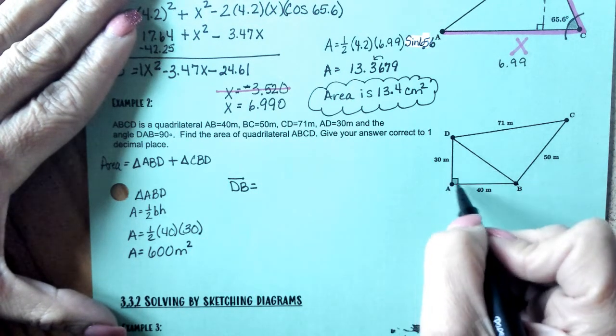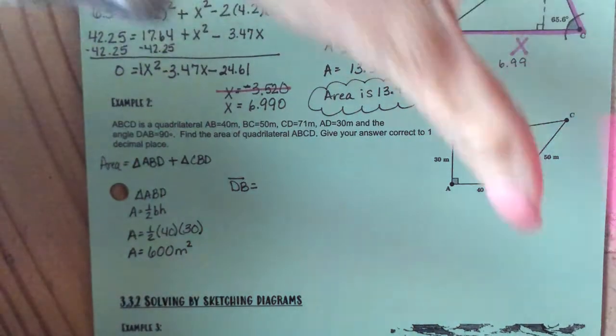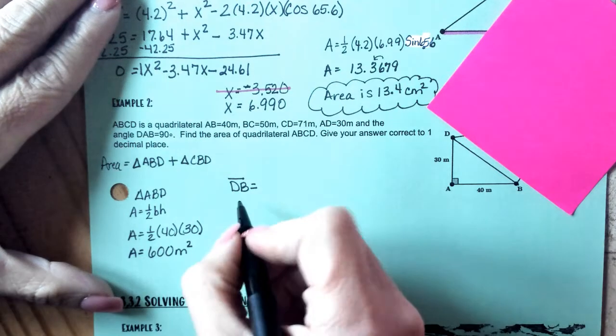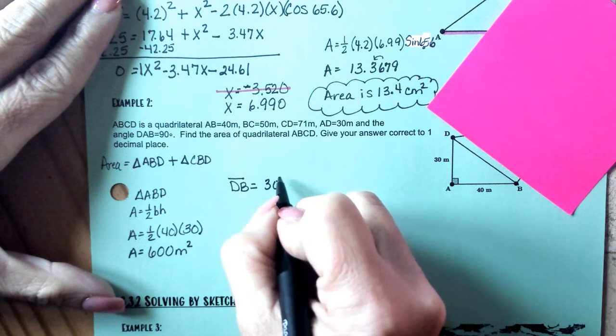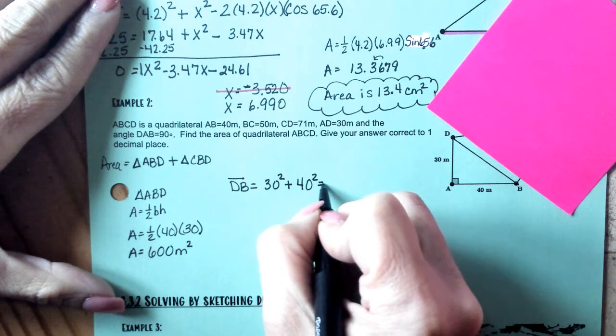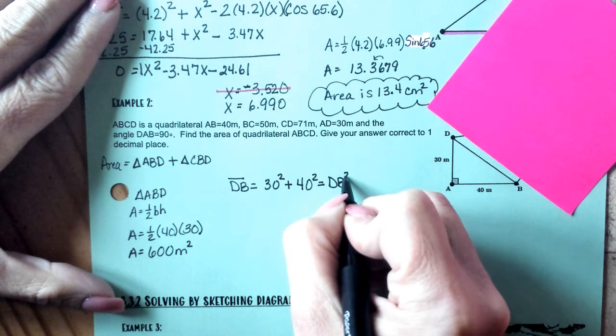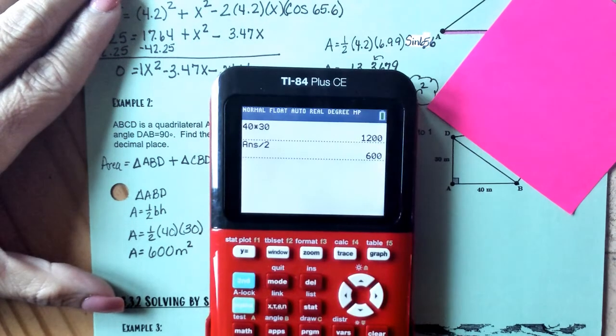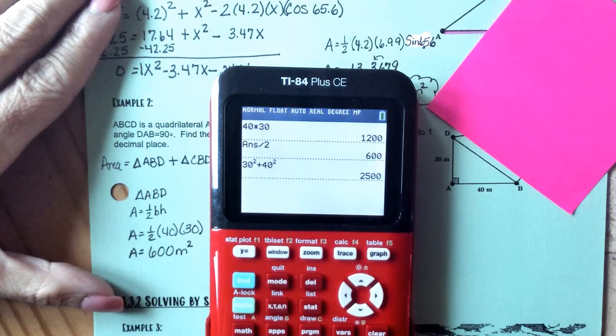Well, this is a right triangle here. I'm going to cover it up. If I just look at this, I could say that 30 squared plus 40 squared equals DB squared. Okay, so let's do that math real quick. 30 squared plus 40 squared is 2,500, and we're going to take the square root of that and get 50.